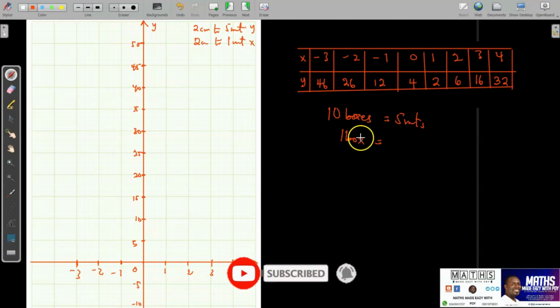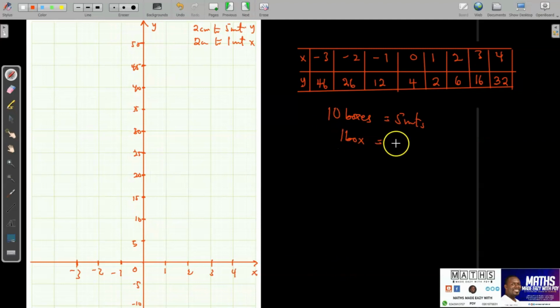You use proportion: 1 times 5 divided by 10, so 5 over 10. Which is what value? It's a half, which is 0.5. So every one box on the y-axis represents 0.5.